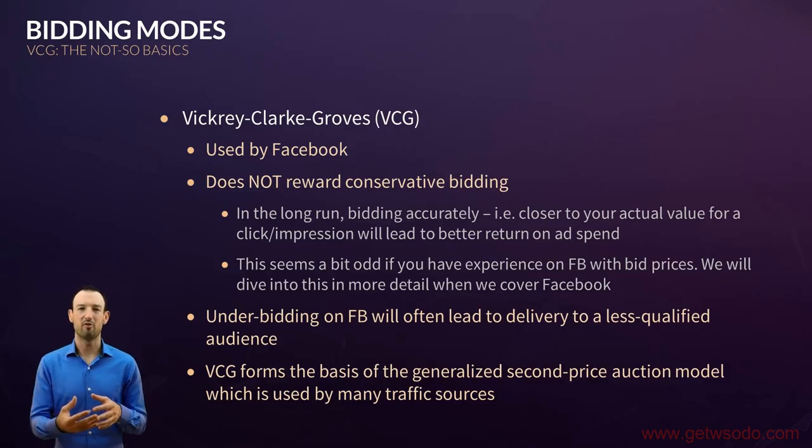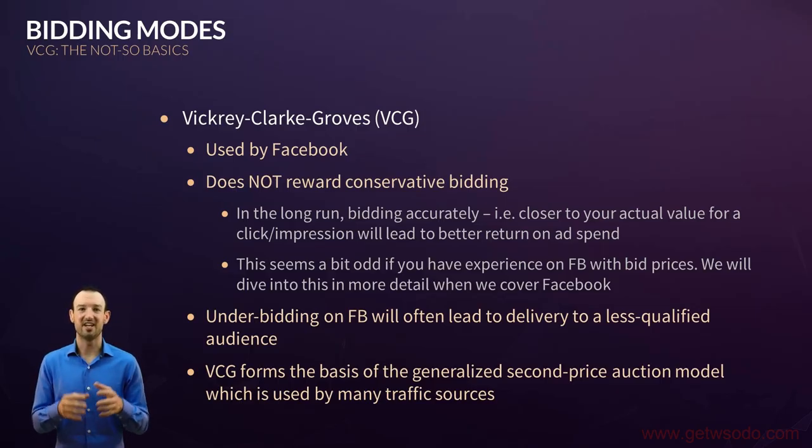Another thing that will seem odd is that you bid some amount, and the amount you pay, at least on Facebook, is clearly not what the second highest person is bidding. We'll get into detail on why that is later when I talk about Facebook. On Facebook specifically, it is definitely the case that underbidding leads to lower quality traffic, so definitely don't do that.